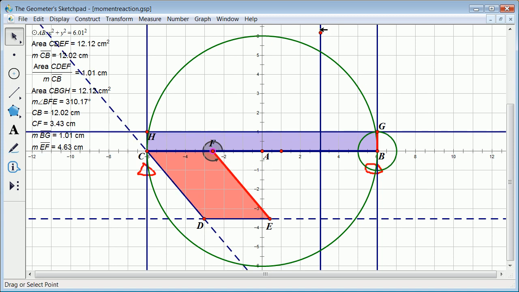We constructed some perpendicular lines by picking an arbitrary point and constructing a perpendicular line. Then we constructed a parallel line to that perpendicular line through B, a parallel line to CB through E, and a parallel line CD to FE. So you do a lot of parallelism here.